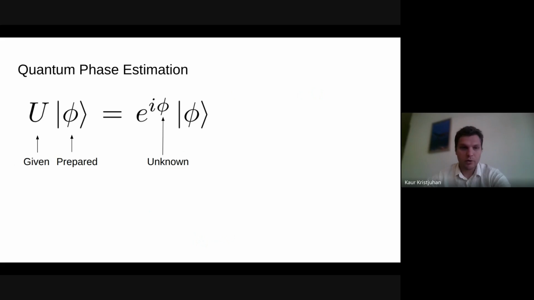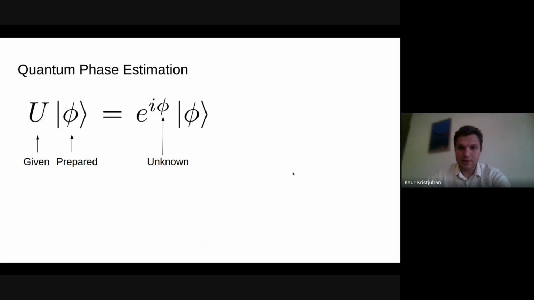For a unitary operator, the eigenvalues are always complex numbers with unit modulus. So essentially, if you'd like to know the eigenvalue of this operator U, what you have to do is figure out what the phase in this equation is. And once you have that phase, you can work your way back and understand the eigenvalue of the Hamiltonian for the state, and therefore the energy of the state you're interested in.